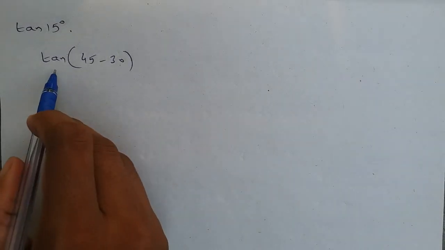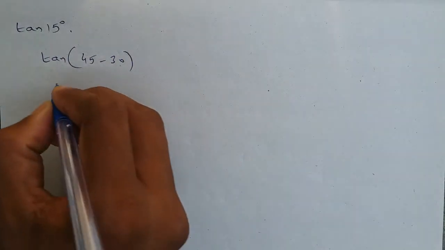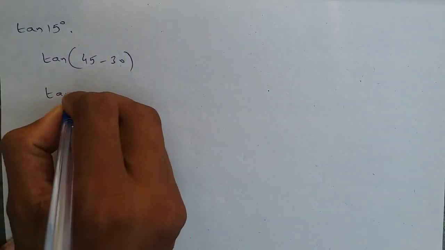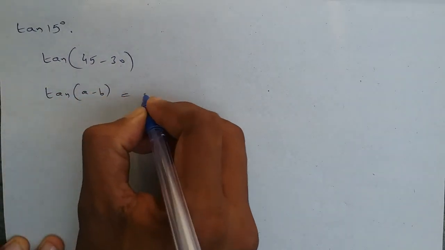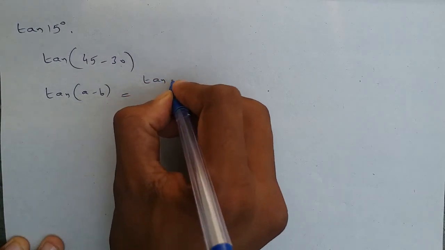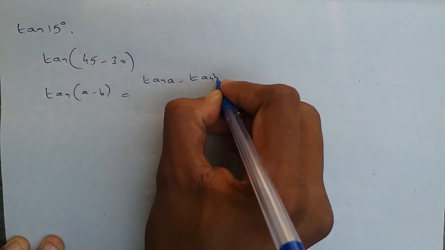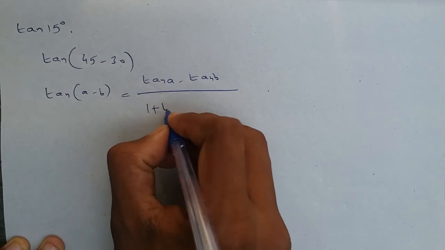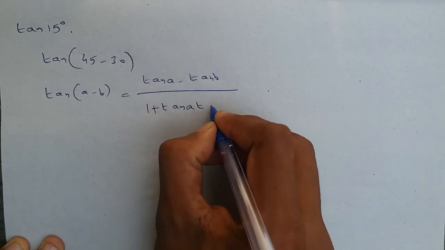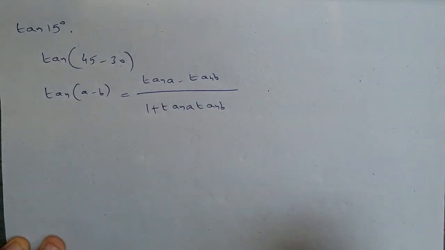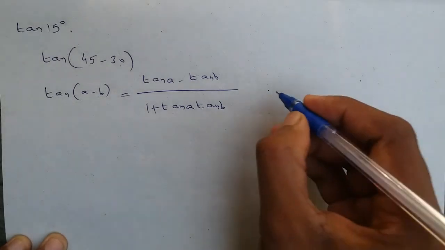So now this tan of 45 minus 30 is in the form of tan of a minus b. Tan of a minus b is nothing but tan a minus tan b, whole divided by 1 plus tan a tan b. Now let us substitute.